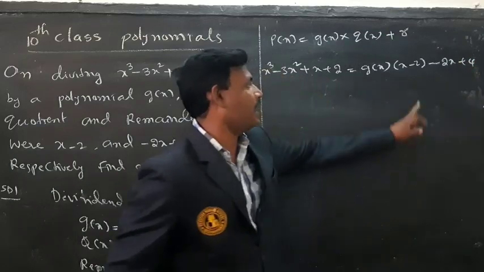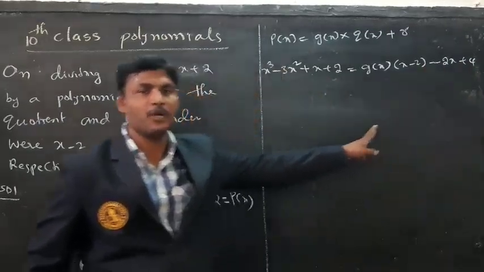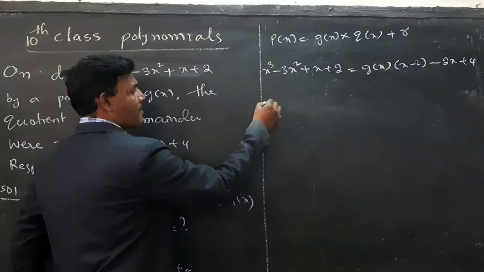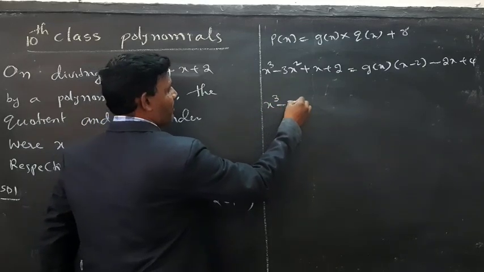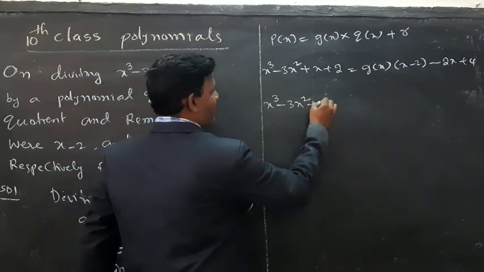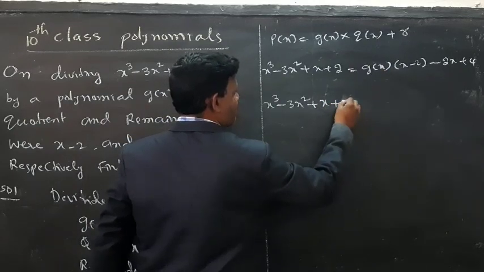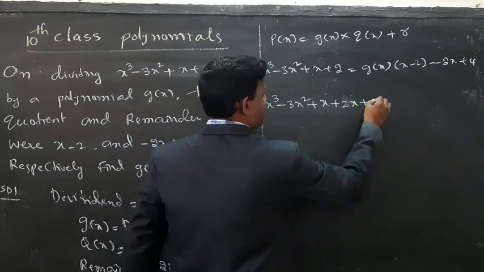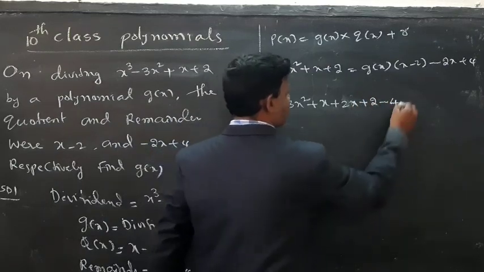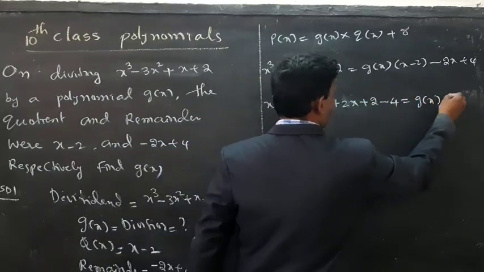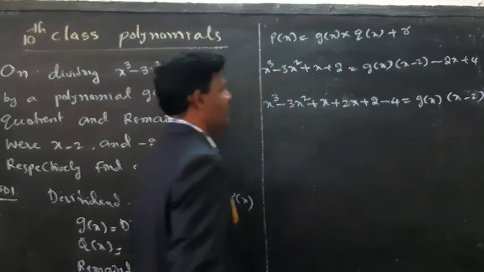See here, minus 2x and plus 4 I am transporting to the left side. x cube minus 3x square plus x plus 2x we can add as plus 3x, and 2 minus 4 we can add as minus 2, is equal to g of x into x minus 2.